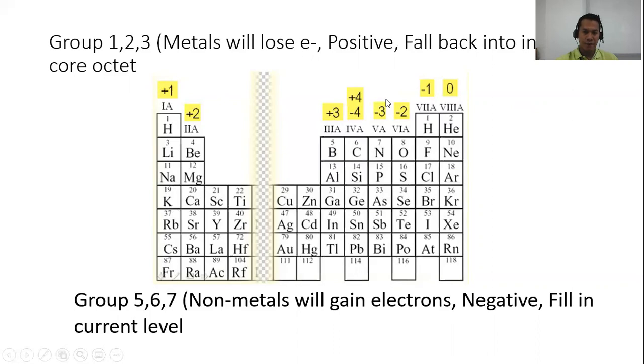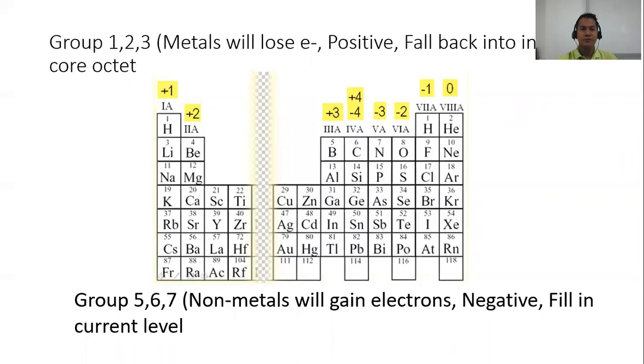Group 5, they will gain. Groups 5, 6, 7 are all non-metals and they will gain. Group 6 will gain 2 electrons. Group 7 will gain 1 electron.